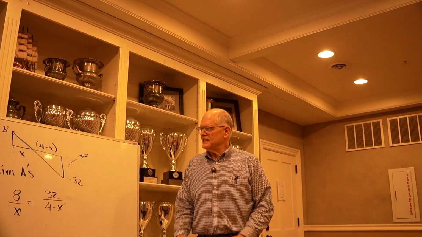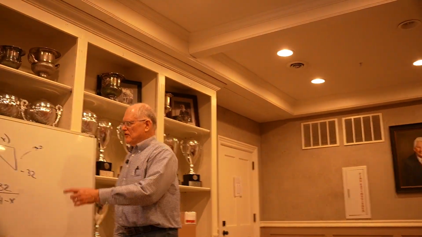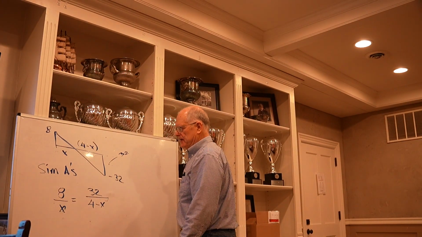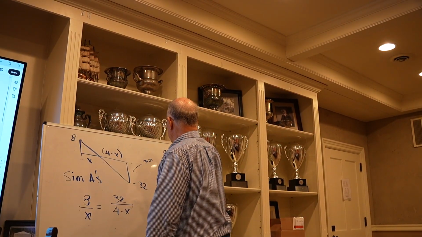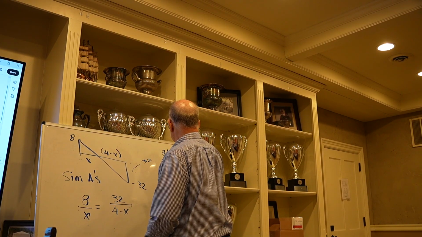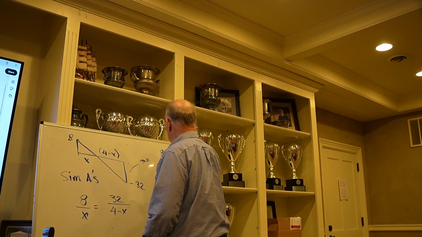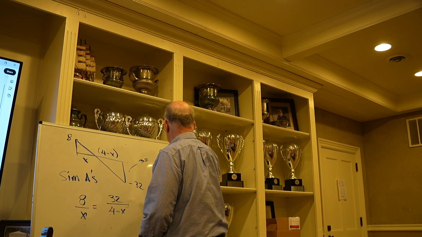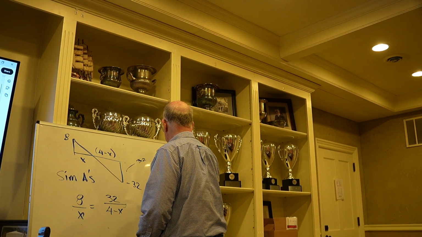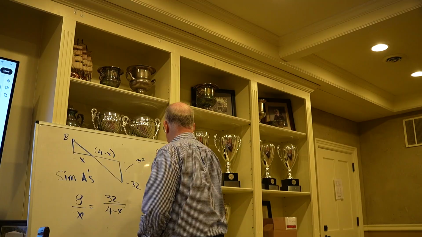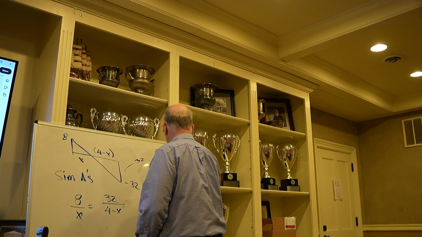That's one of the easiest ways to get it, because those triangles are similar to one another. Then you can just solve for x. So you go 8 times 4 minus x is equal to 32x. That's 32 minus 8x is equal to 32x.